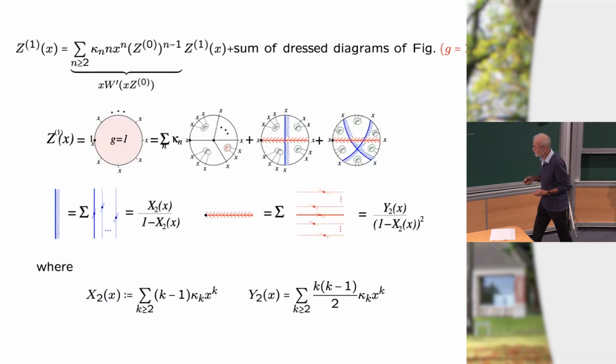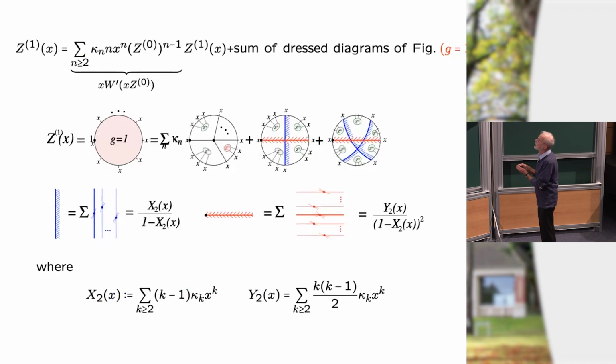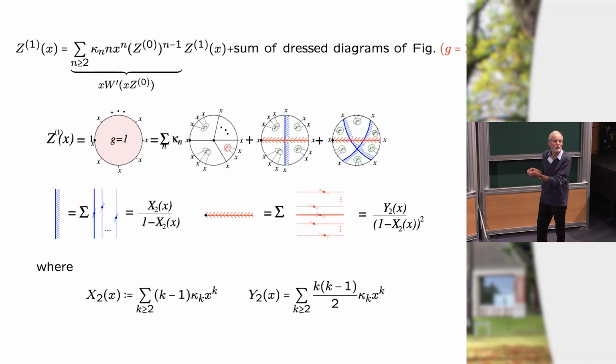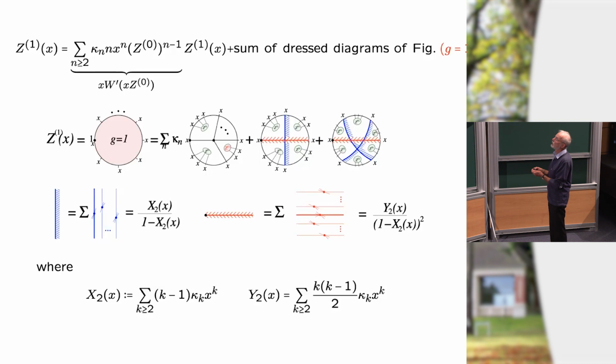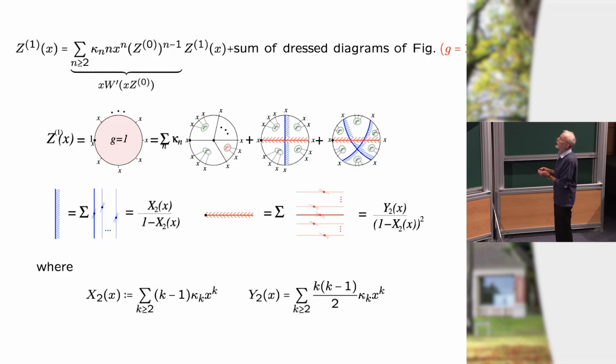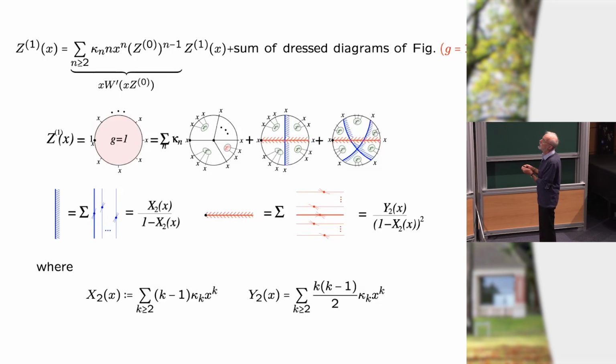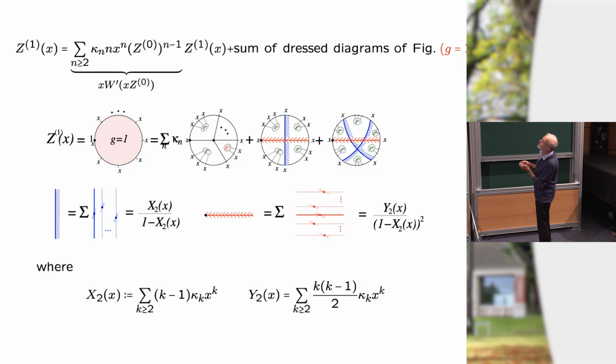I've written the formula here. Consider the same sort of reasoning as before. You take an arbitrary diagram of genus 1, and you look at what happens at marked point 1. At the marked point 1, either you have something which is connected to an n vertex, as before.